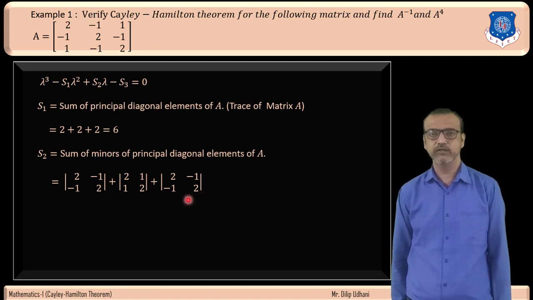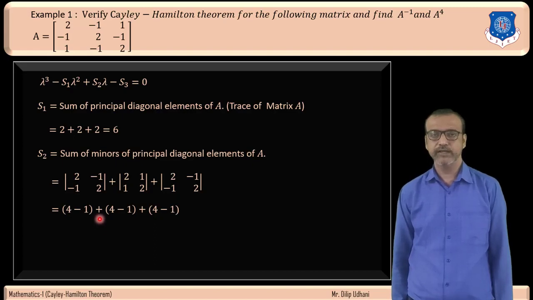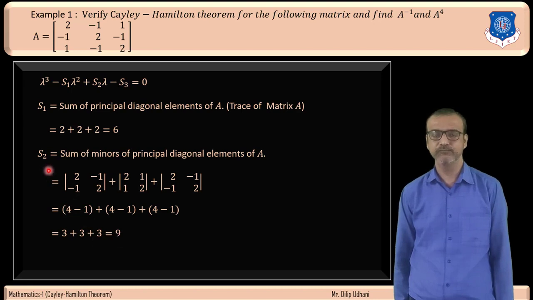For the first minor we have 4 minus minus 1 into minus 1, so it is 4 minus 1. For the second minor, 2 2 is 4 minus 1 1 is 1, so it is 4 minus 1. For the third minor, 2 2 is 4 minus minus 1 into minus 1, so it is 4 minus 1. Now 4 minus 1, 4 minus 1, 4 minus 1, that is 3 plus 3 plus 3, which equals 9. And this is the value of S2.